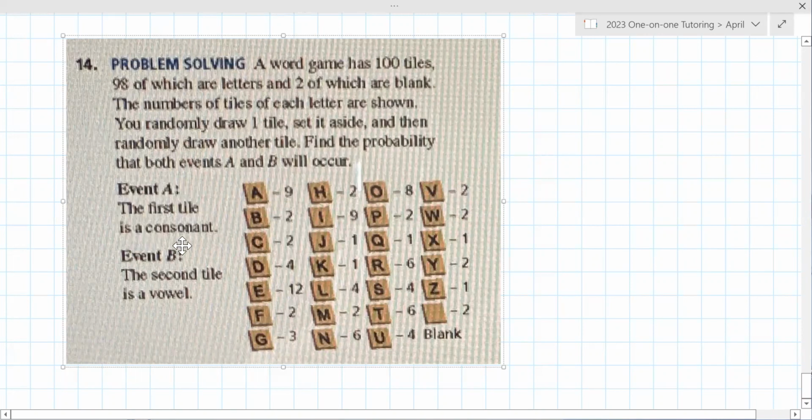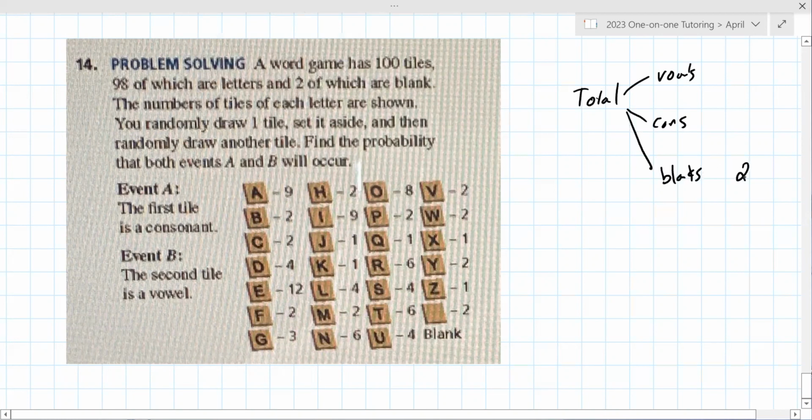Okay. So there's a couple of ways to do this. One is to literally add up all the consonants. But we know that there's a lot of consonants and there's not as many vowels. Right. So the total is divided among vowels, consonants, and blanks.